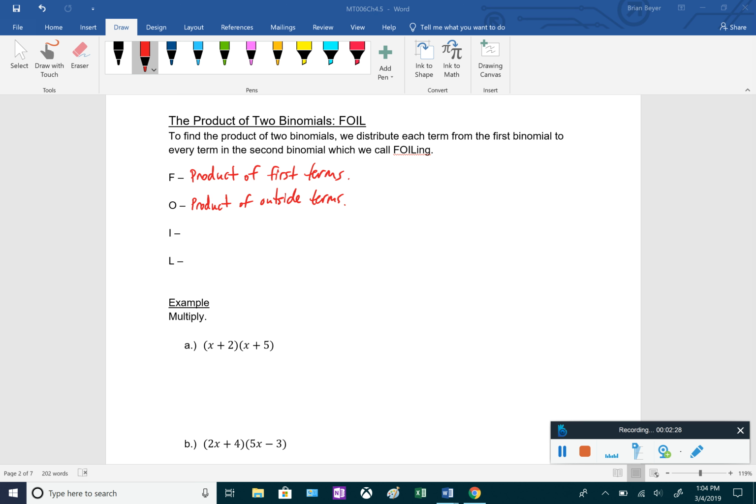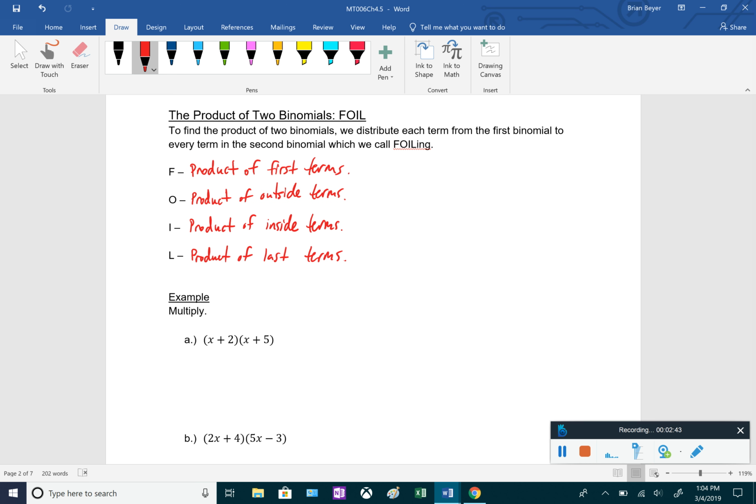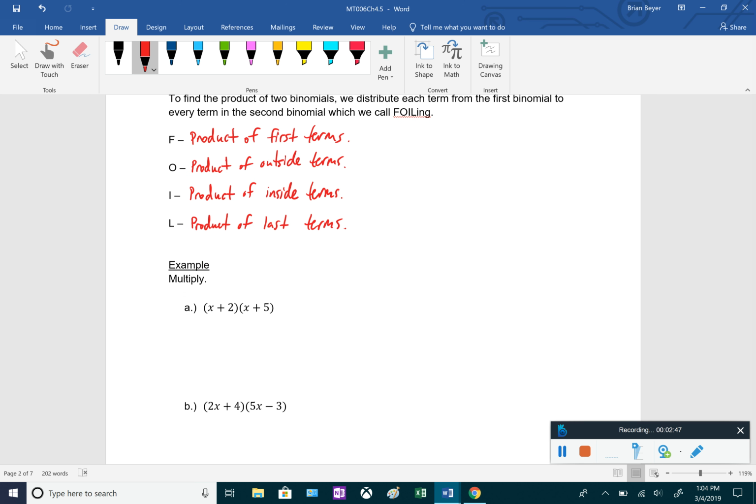The I stands for the product of the inner terms. And the L stands for the product of the last terms. So what we're going to do is do all of those products, and then our answer is going to be the sum of all those products, and more often than not we have to combine like terms.